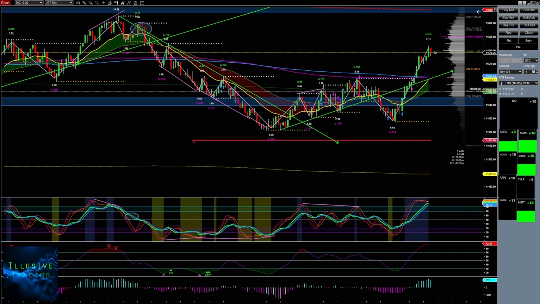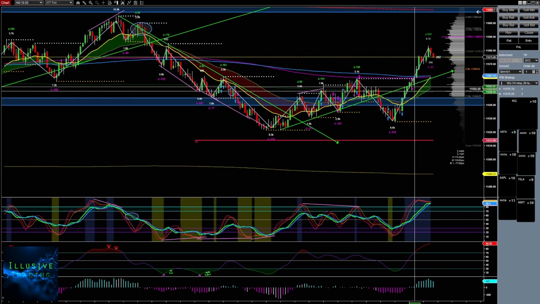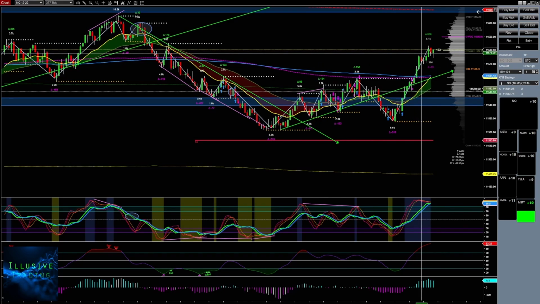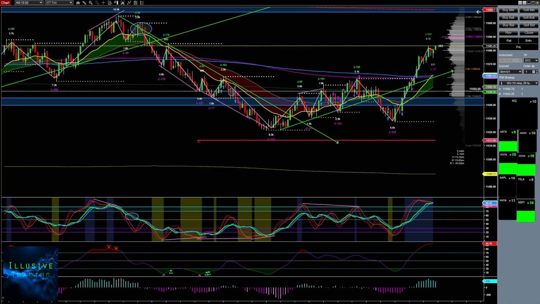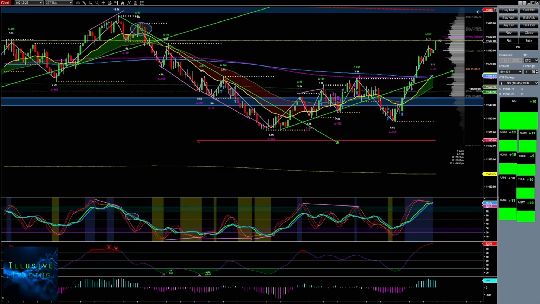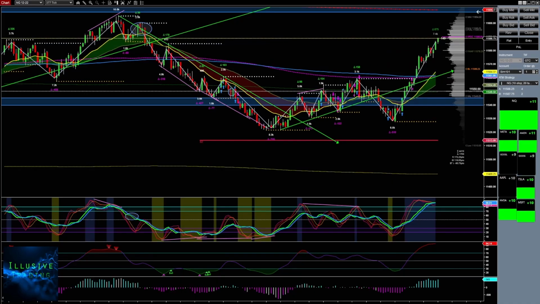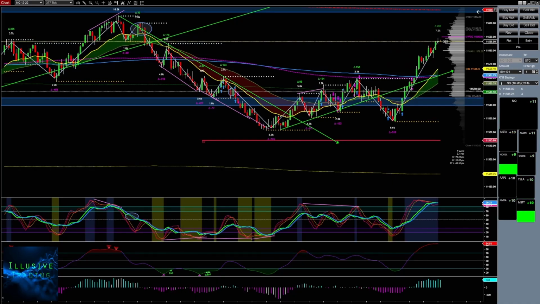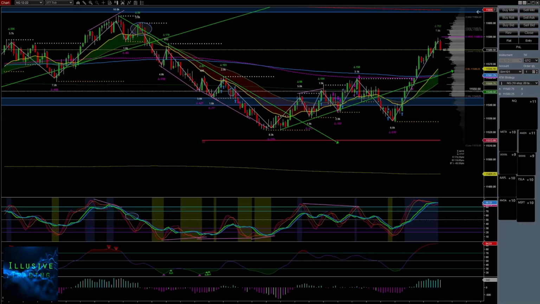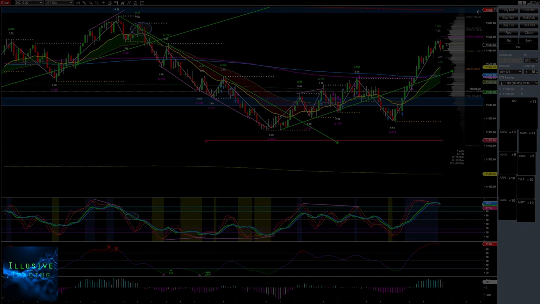So even if I had trailed just behind the price line by like 10 points, I would have captured all of this move and probably gotten taken out somewhere around here when price comes back. Either there or maybe made it up to this level. Otherwise, great trade, just didn't let it play out.